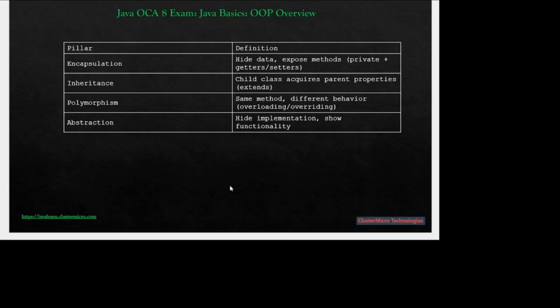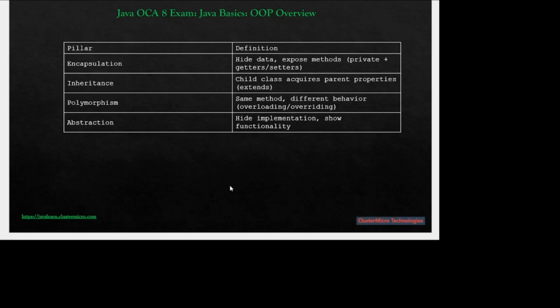The Dog class is derived from Animal, and has its own makeSound method. When you call pet.makeSound, Java ignores the Animal level and checks the real object, Dog, so it runs Dog's own makeSound. That is runtime polymorphism: based on the object, the particular method is called.